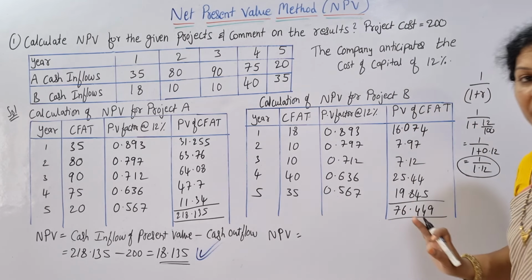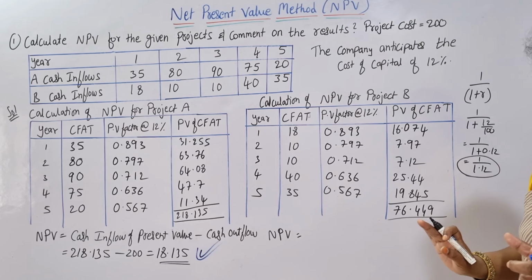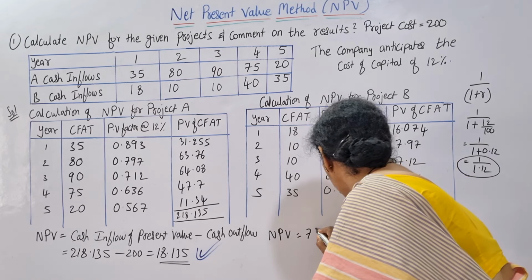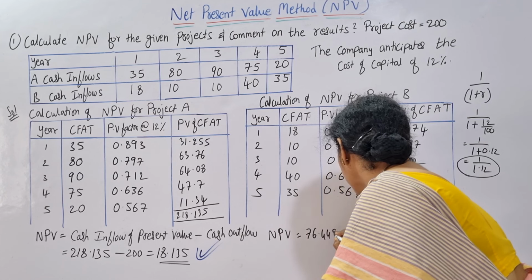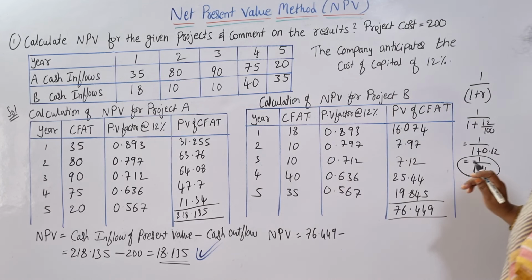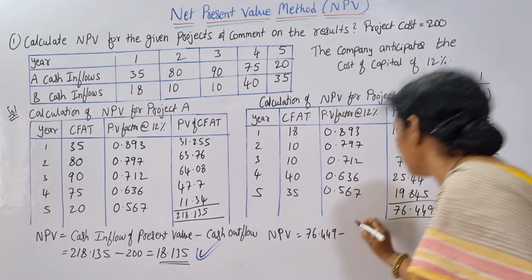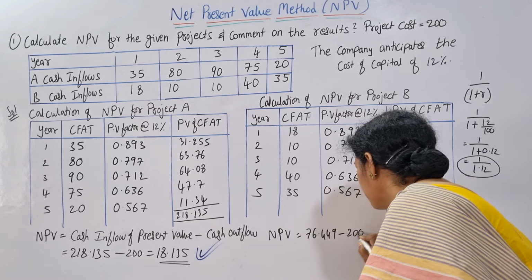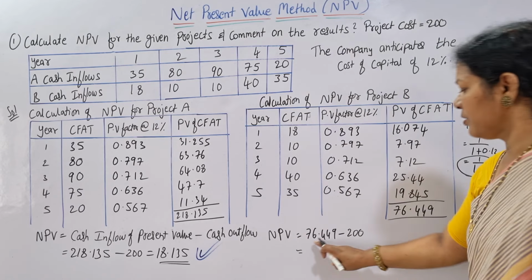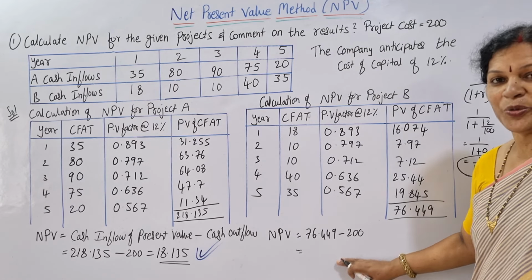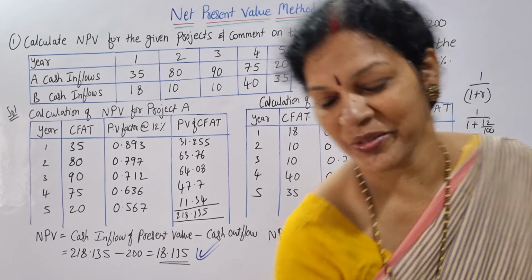The cash inflow present value is 76.449 minus the project cost, cash outflow, 200. 76.449 minus 200, the value you are going to get is a minus value.